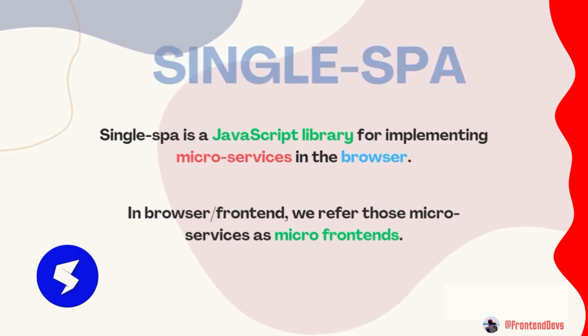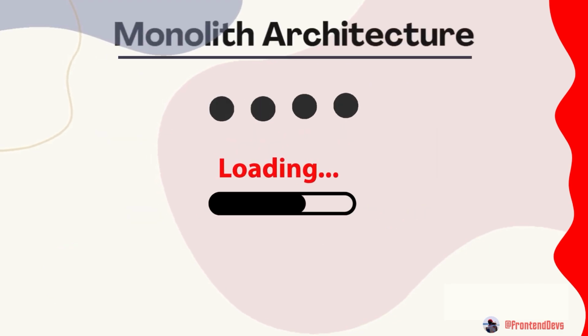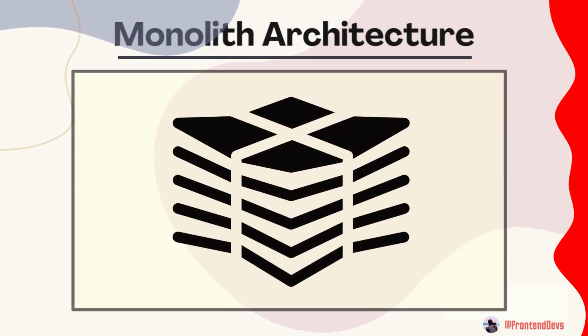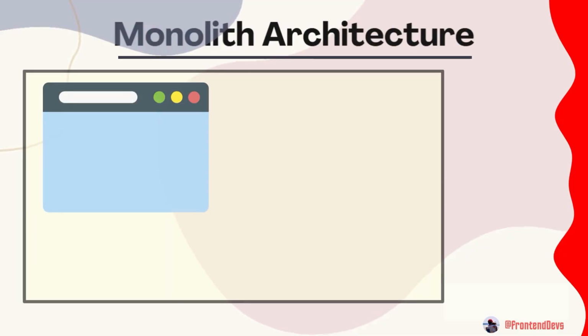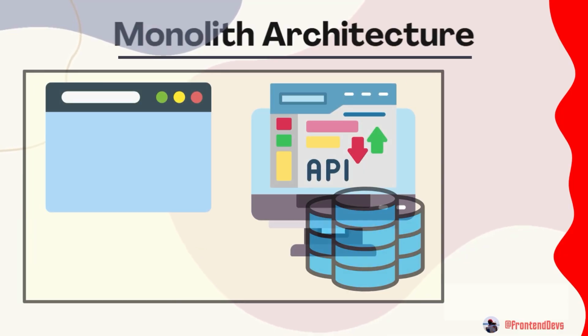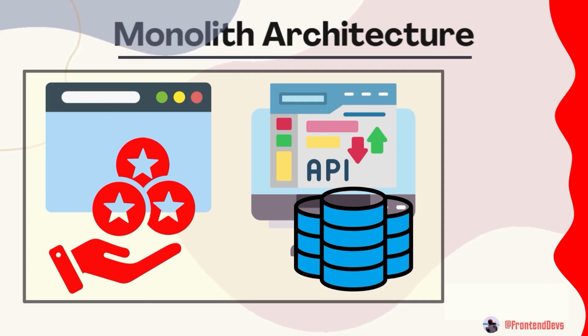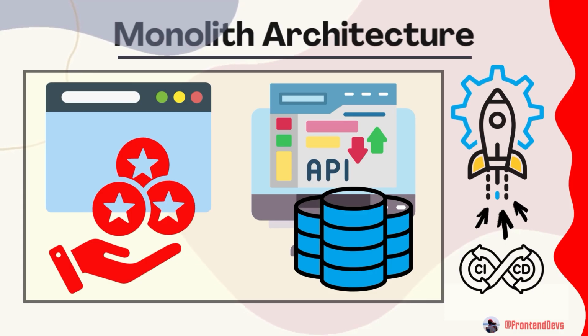To understand microfrontends, first let's understand the old way of implementing applications, that is monolith architecture. In monolith architecture, your whole application is built as one big piece. That means everything, your frontend, your backend, database logic, and features, is all packed into a single codebase and it is deployed together.